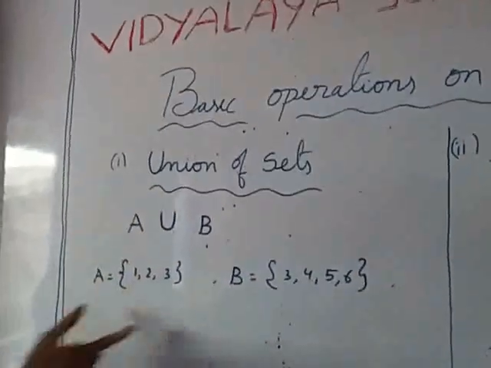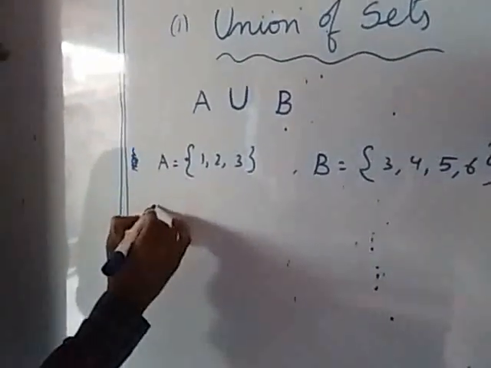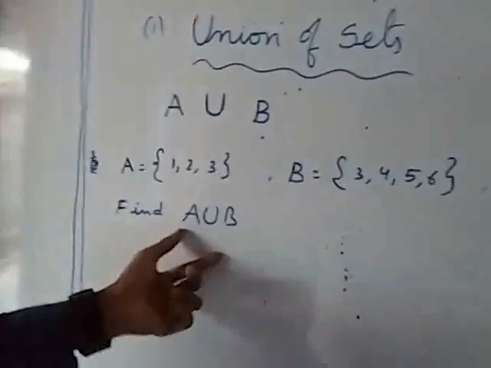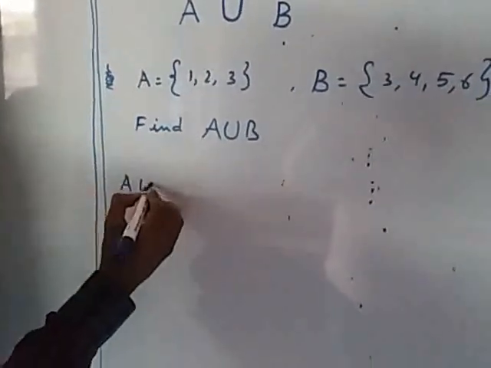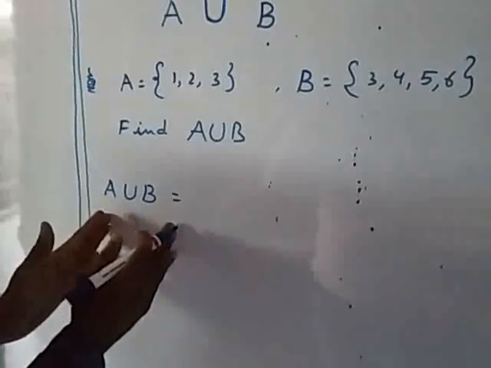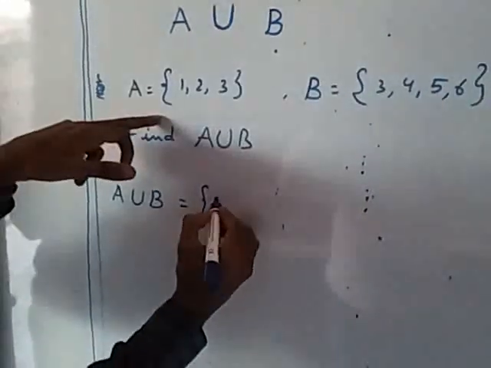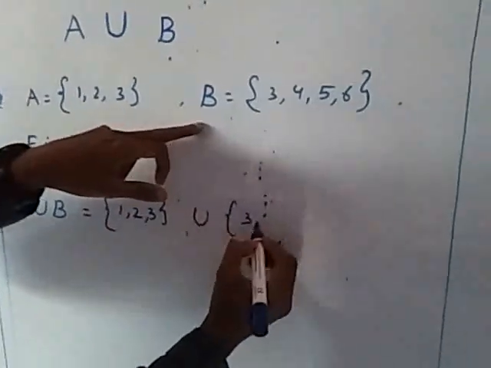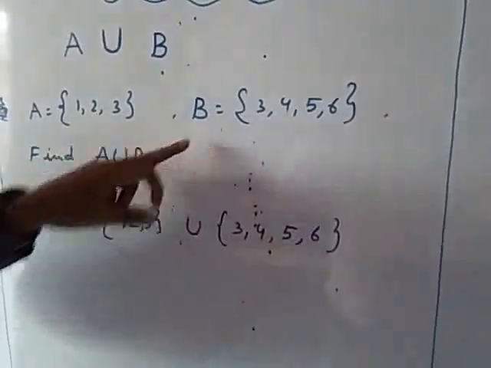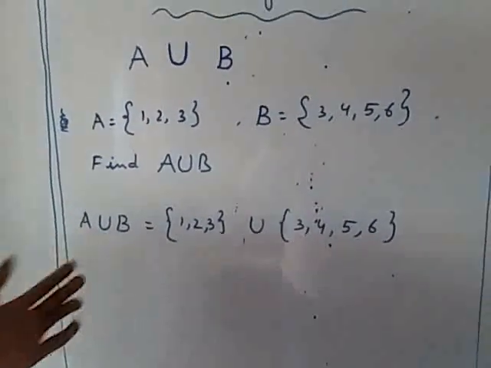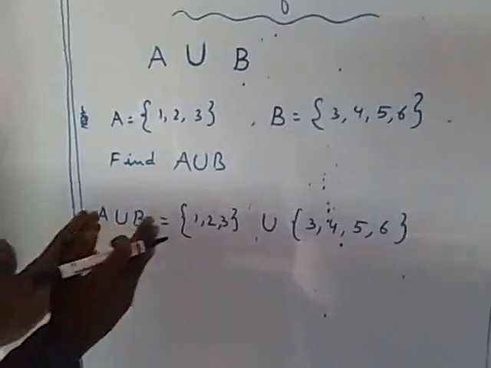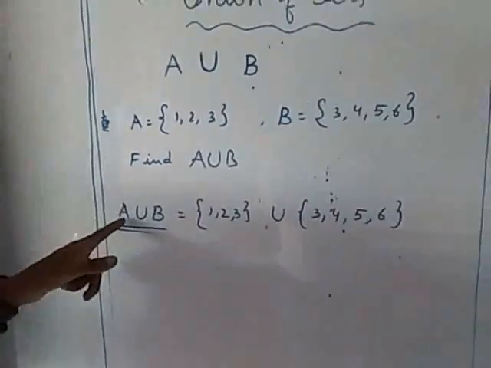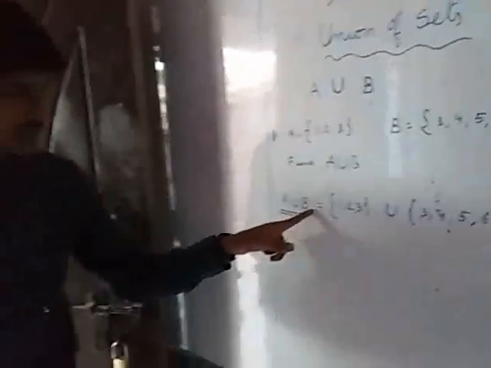Find A union B. A union B equals the set A containing 1, 2, 3 union the set B containing 3, 4, 5, 6. What is the meaning of A union B? It means all the elements of set A and all the elements of set B.